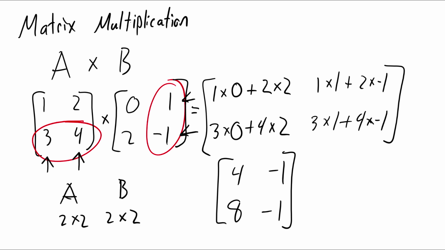To be able to multiply the matrices, the number of columns of A, that's the number of elements in each row, 2, needs to match the number of rows of B, or the number of elements in each column of B. So to be able to multiply two matrices, these inner dimensions need to match. We can multiply matrices of lots of different sizes, but the inner dimensions need to match.